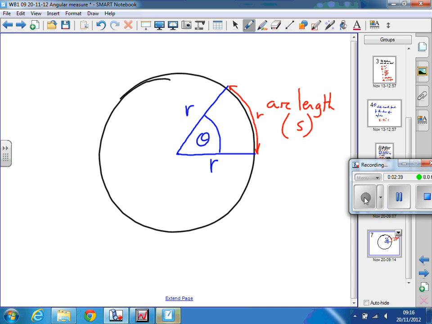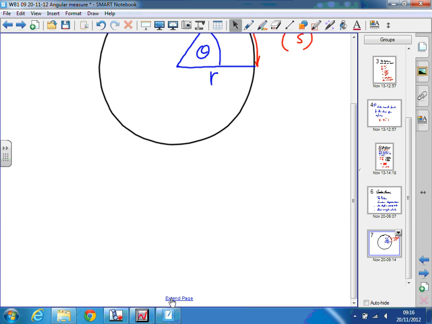If you think about a whole circle and the circumference of a circle, that's 2 pi times the radius. So in other words, it's 2 pi lots of r, the radius. So a whole circle, in terms of radians, is 2 pi.